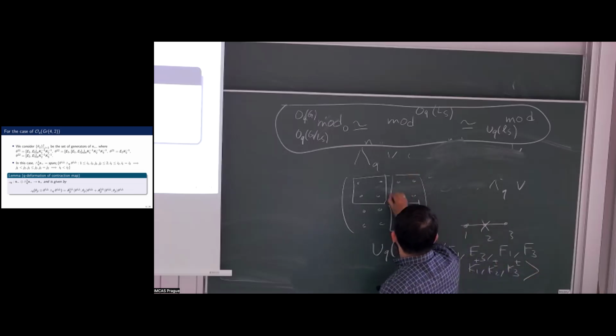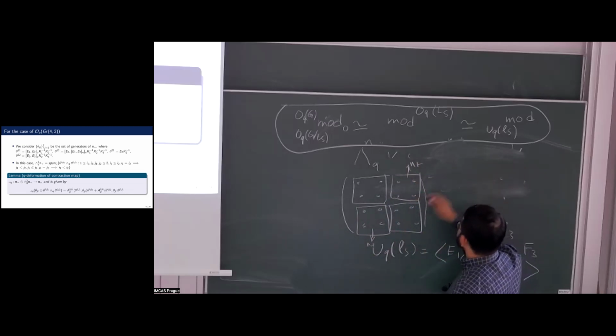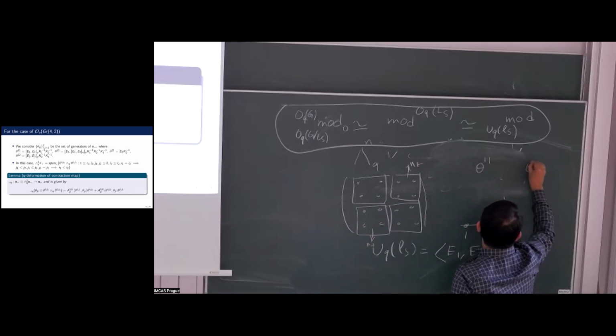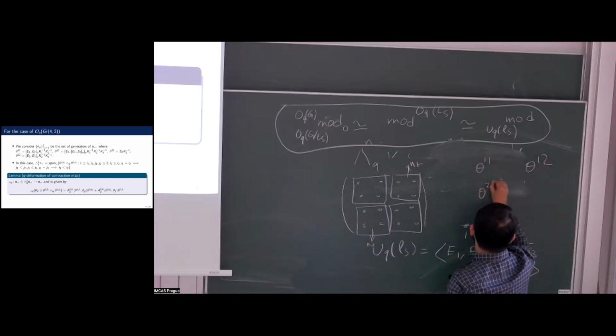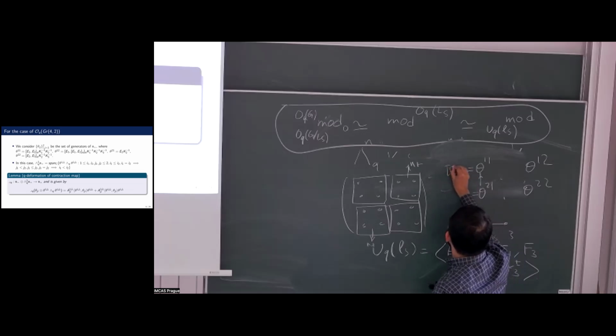And this part is your n plus, and this part is your n minus. If you look into this part, how the representation theory looks: if you index it by theta 1,1 by this guy, theta 1,2 this, theta 2,1 this, and theta 2,2 this. So this is your E2 representation theory. This is E1, E2 with some commutator.